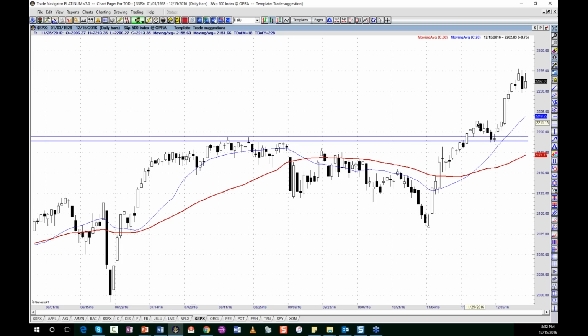So I'm doing the math, if I'm doing it right, it's 120. We add 120 to the correction low of, let's say 2200. So we have a target of 2320. So essentially this is just a measurement here.